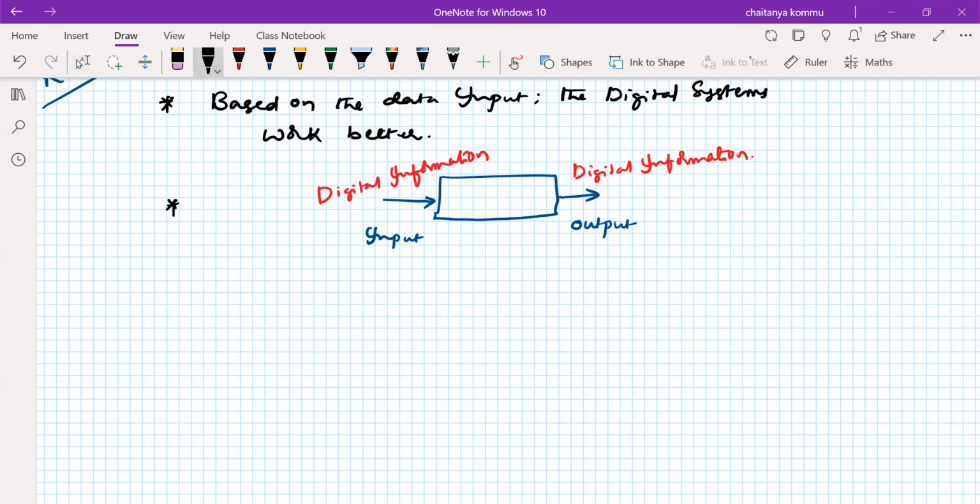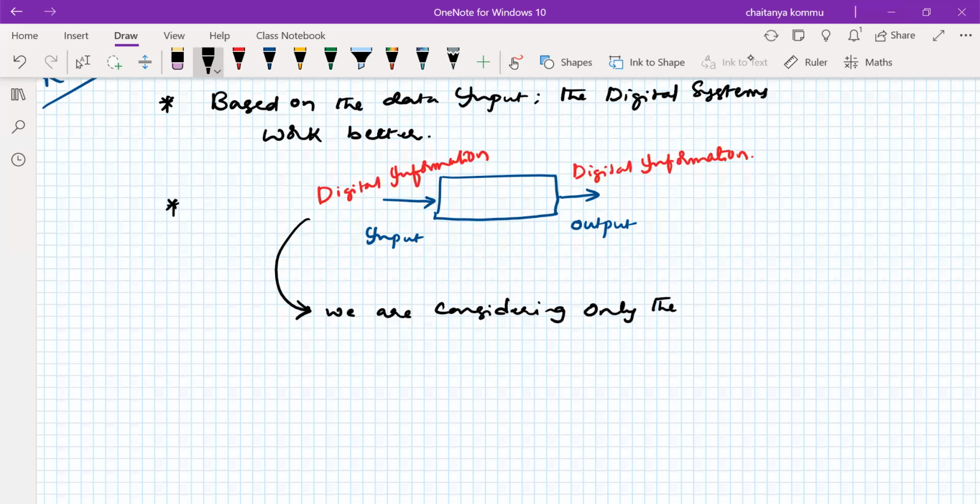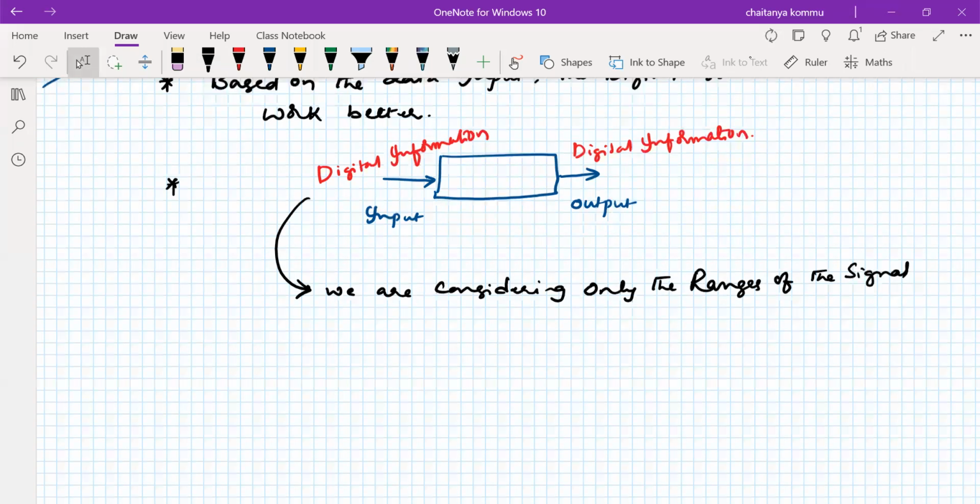The advantage is that we are considering only the ranges of the signal. Information, signal, message, whatever name we give, it is apt to consider it as a signal.